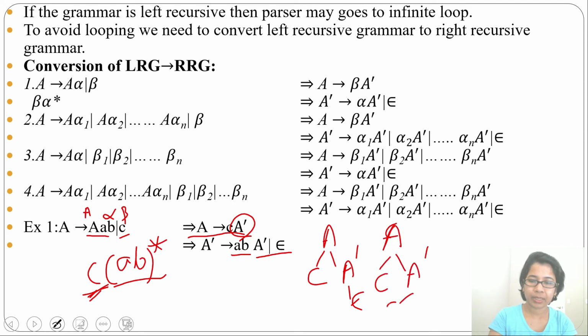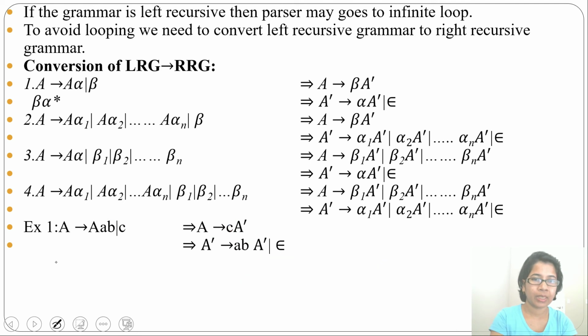From A dash you can generate A B A dash, then again from this A dash you can generate A B A dash, then you can generate epsilon. So you will generate C, then A B whole Kleene closure. You can simply put in this formula and find the right recursive grammar for the left recursive grammar. This is our alpha, this is our beta.